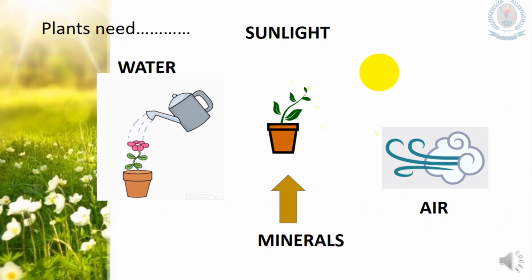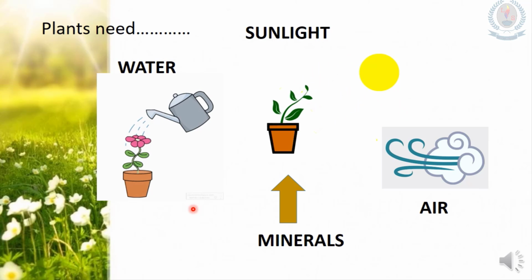You know that a plant needs water, sunlight, air and minerals for its growth. These things are essential factors for the growth of the plant. In this lesson, we are going to talk about very important substances which are needed by plants for their growth.